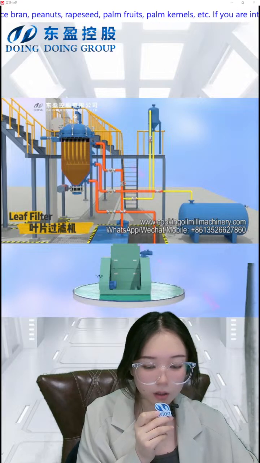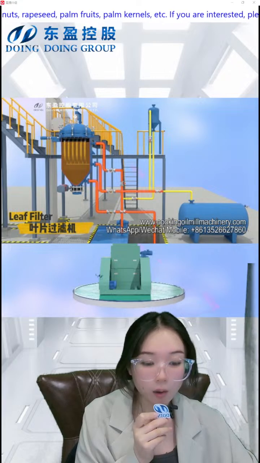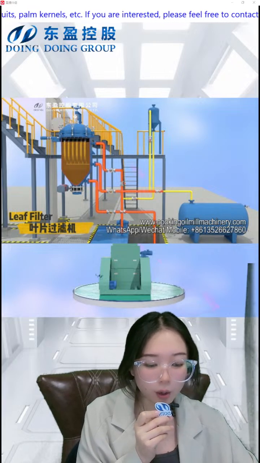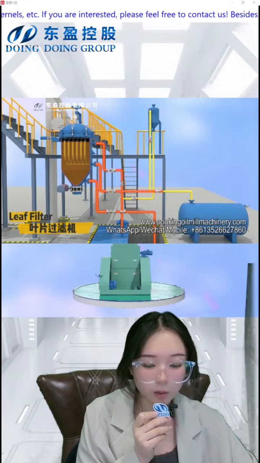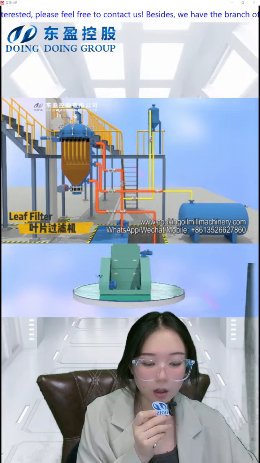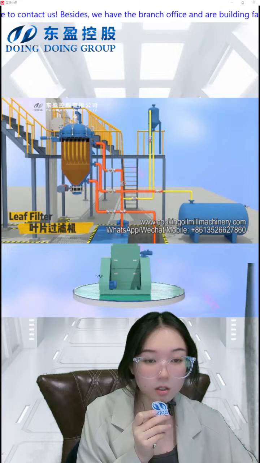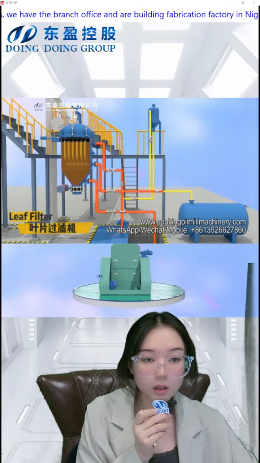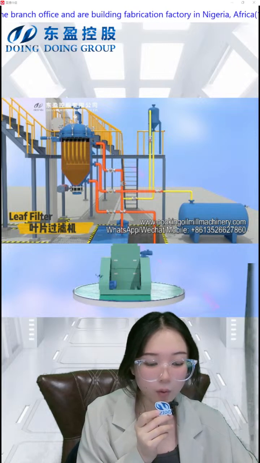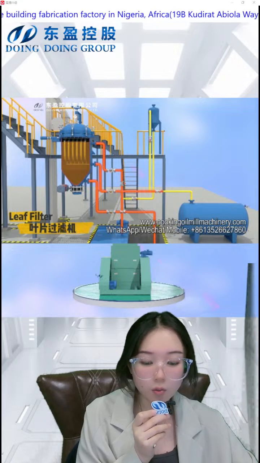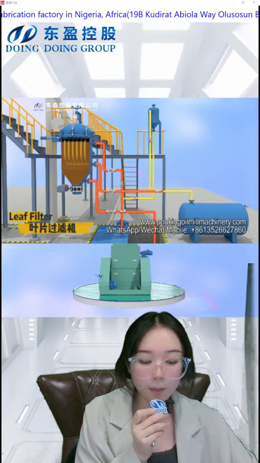After obtaining the crude oil, in order to improve its quality, we will equip it with a plate and frame filter. Through the filter, on the one hand, it can absorb the moisture in the oil, and on the other hand, most importantly, it can remove impurities such as oil residue from the crude oil, making it cleaner.